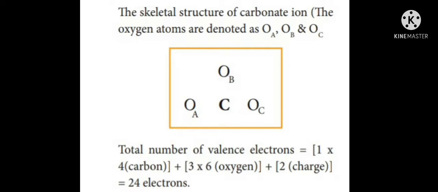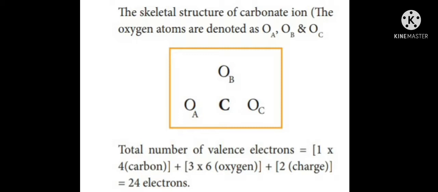Here in 1 into 4, the 1 represents the number of carbon and 4 represents the number of valence electrons in carbon. In 3 into 6, the 3 represents the number of oxygen and 6 represents the number of valence electrons in oxygen, where 2 represents the charge of carbonate ion, that is -2.